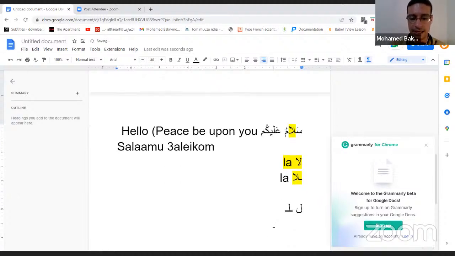And alif is written like this, and it can only be connected to a letter before, not a letter after. So when lam is followed by an alif, it's written like this or like this. So the alif becomes a little bit inclined. It doesn't remain a vertical line.